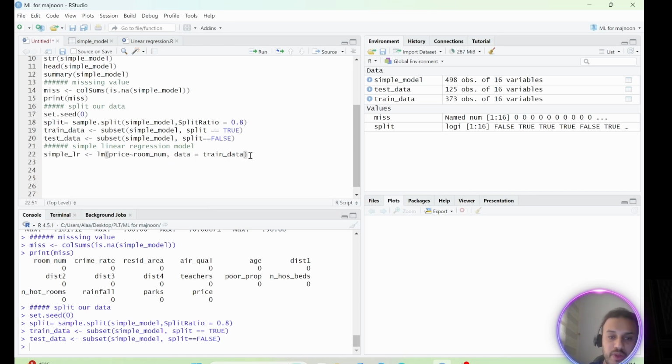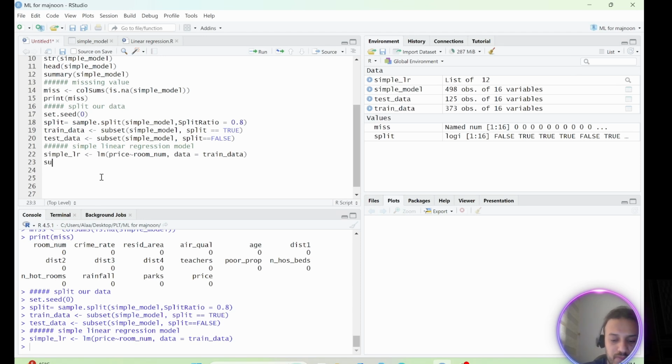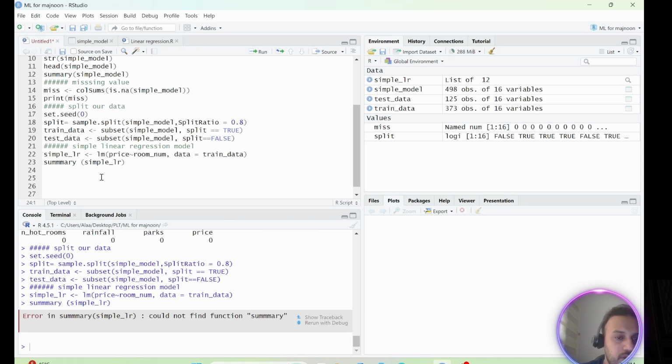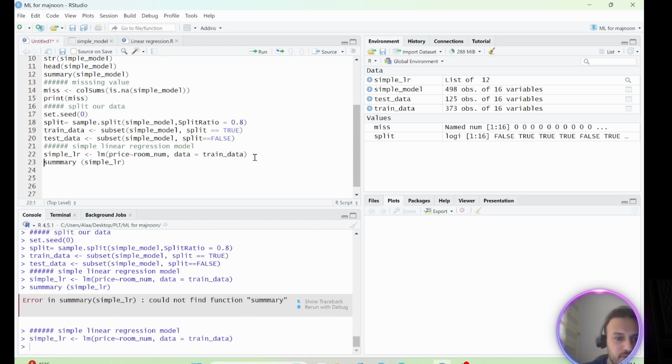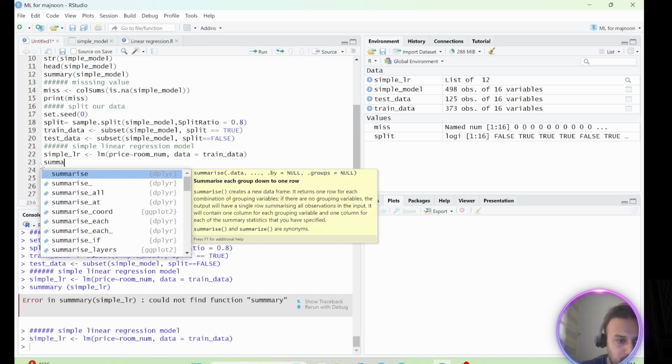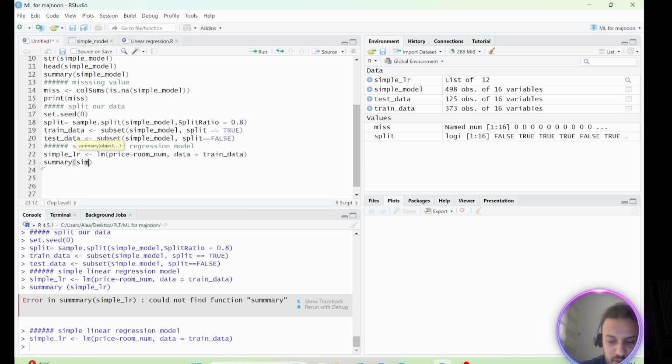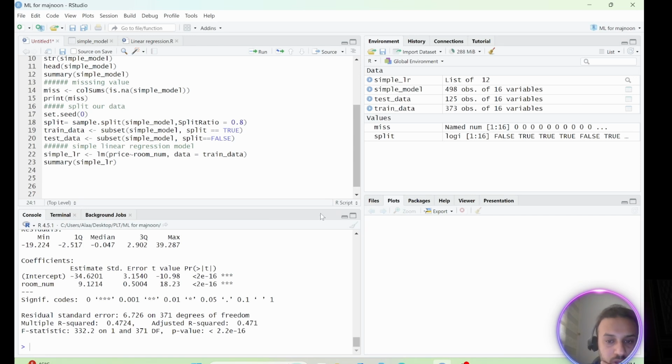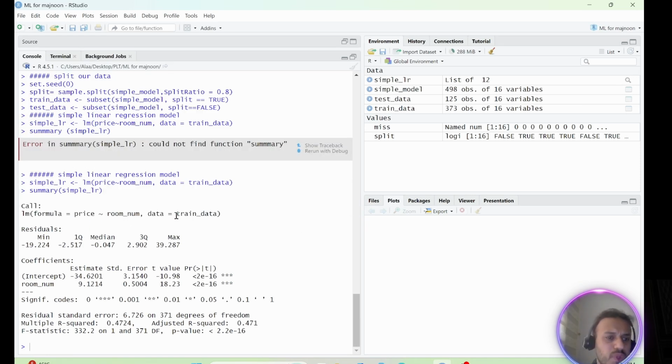First we run our model on the train data, and then give me the summary for simple_linear_regression_model. Okay, close, enter. Now give me the summary of my simple linear regression, and here we go. So now let's see what this means.